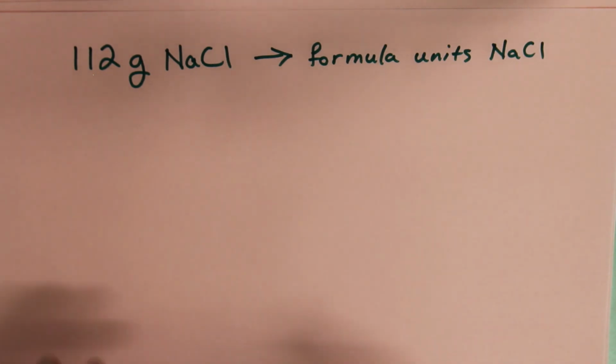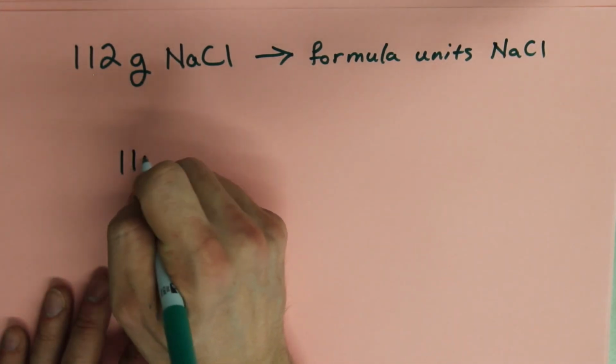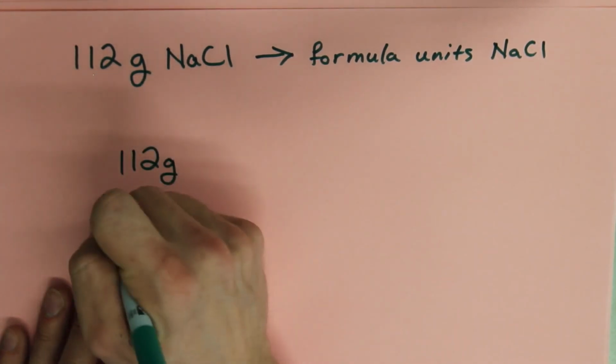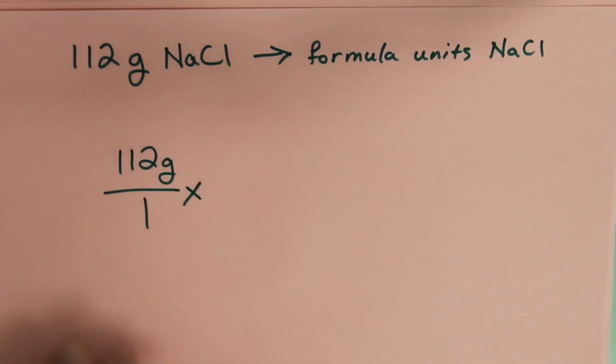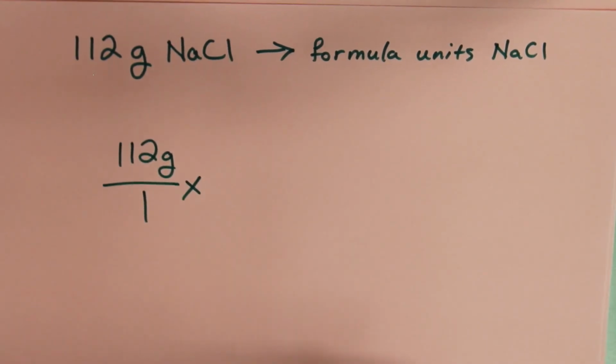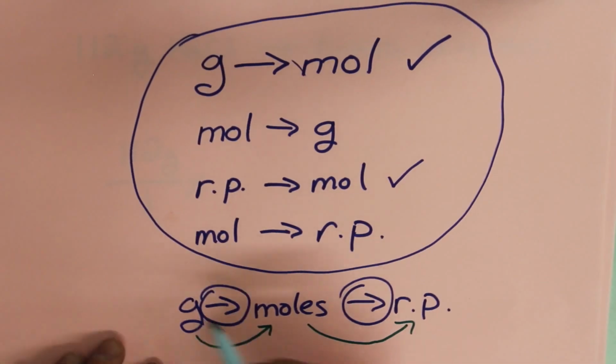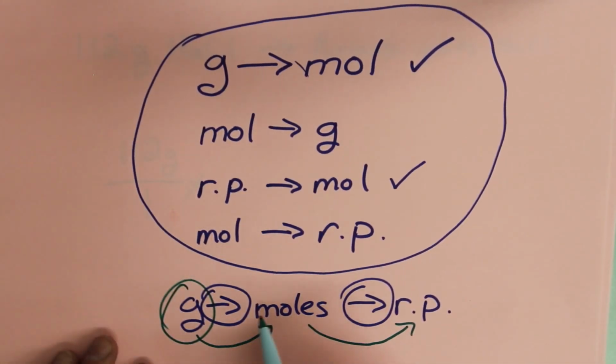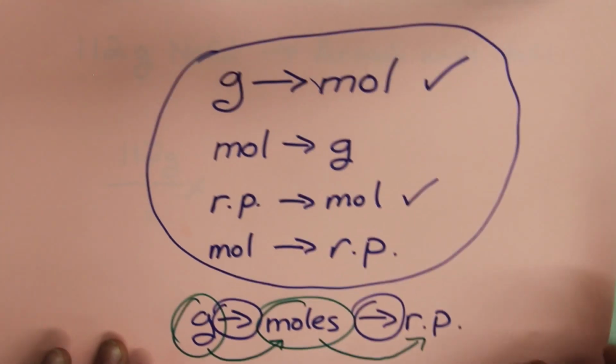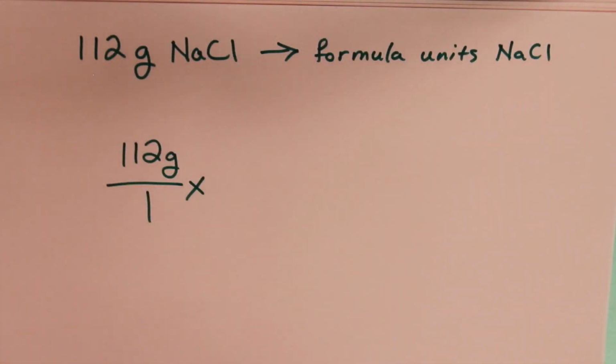All right. As usual, we are going to write what we are given and put that over 1. However, for this, since we're given grams, we have to first go to moles. So let's do that how we did in the past.